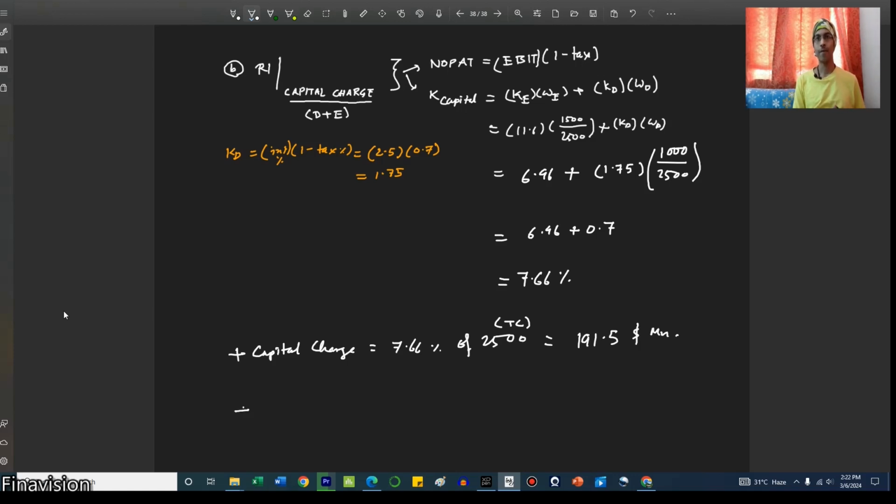Now let's find out NOPAT, that is net operating profit after tax. NOPAT is equal to earnings before interest adjusted for tax. The earnings before interest was 300, I guess.